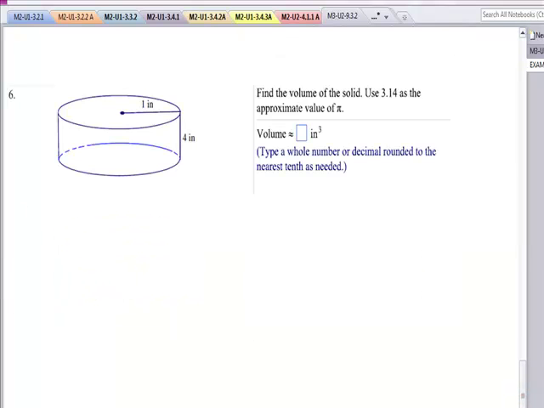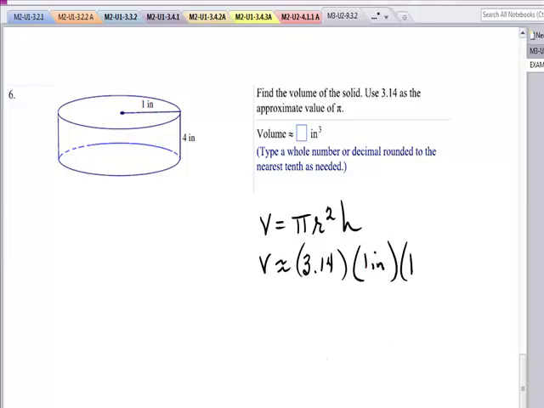And number 6 will be just like that. It is a cylinder. The volume for a cylinder is pi r squared times the height. I'm supposed to do approximate, so it is approximately 3.14 times the radius, 1 inch, times 1 inch again because it was squared, times the height, which is 4 inches.